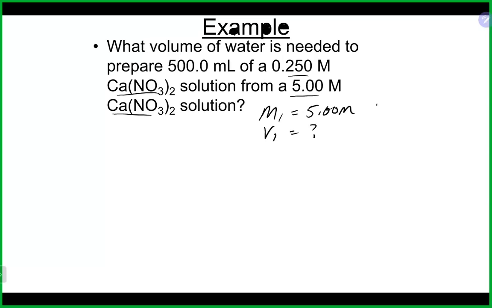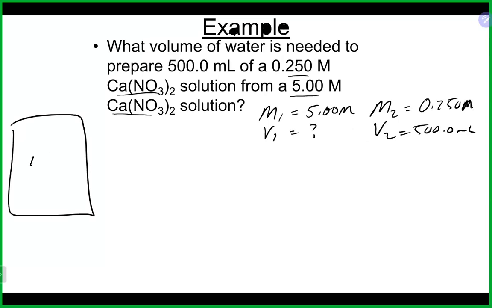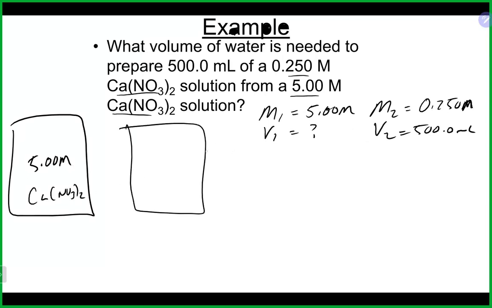We do have M2, which is the more dilute, and we want to make a 500 milliliter solution of it. So it's kind of the same setup here. We have a more concentrated 5 molar calcium nitrate solution, and we want to make a new one that has a molarity of 0.25 molar and a volume of 500 milliliters. So here we're going to solve for V1 again.